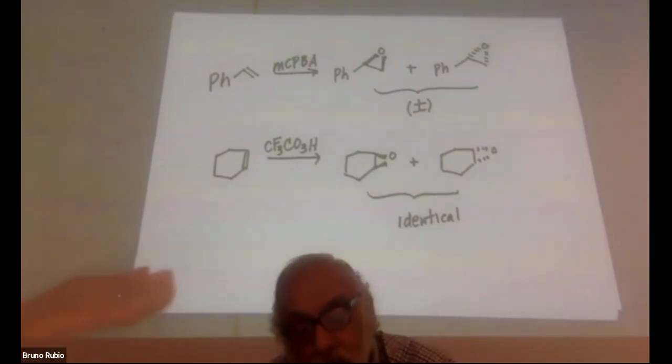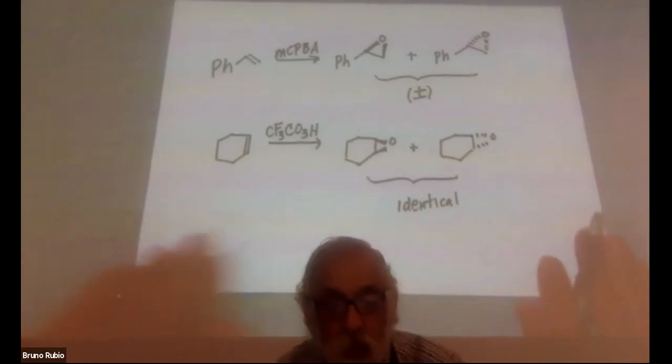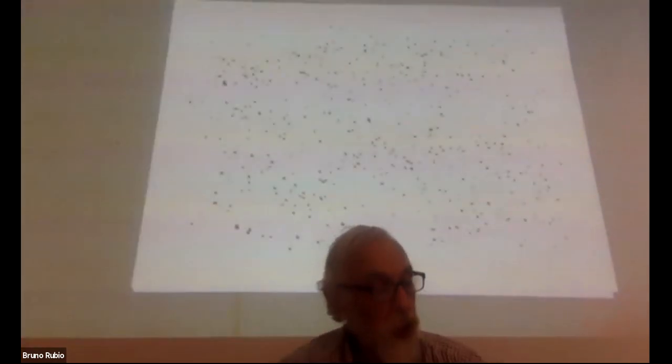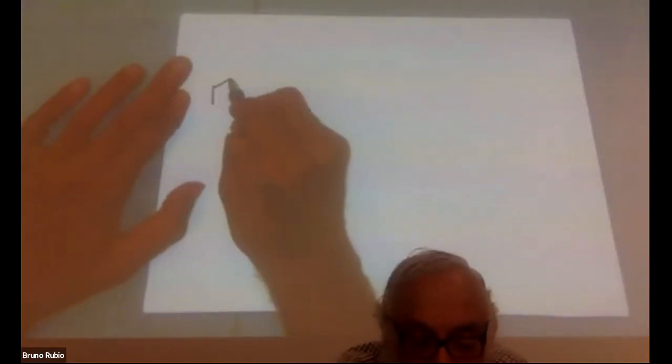So here we don't get a racemate. We don't get 2 different compounds. We get the same one. Okay, now you know what's coming now, right? Yeah, a molecule that has a more hindered side and a less hindered side.